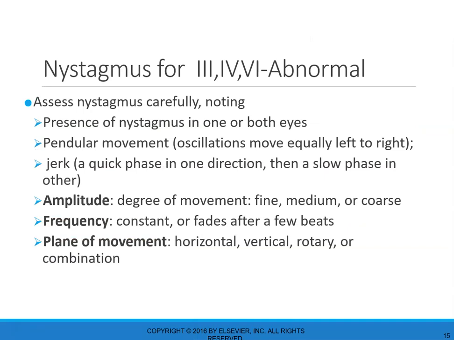So when you assess nystagmus, you want to note if it's in one eye or both eyes, if they have pendular movements, if the eyes jerk, and then if it's really severe or coarse, if it's medium or fine, if it fades after a few beats, or if it's constant or consistent.